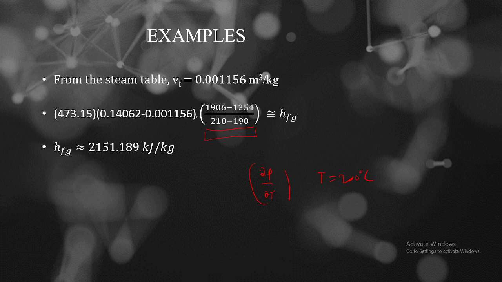I actually solved this particular expression in that video so that we can relate it to this discussion, right? So when we put all these terms in here, we'll end up with this value for HFG. Okay.